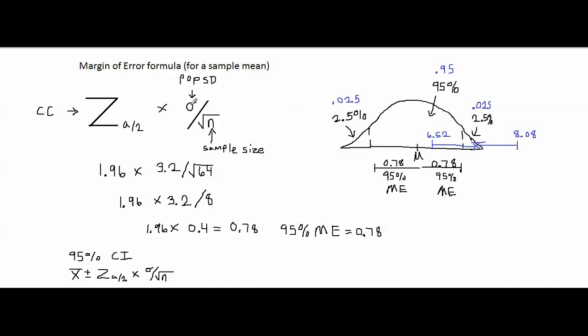What you actually do in a real study is substitute this population standard deviation with the standard deviation calculated from your sample. And it just takes its place right here.